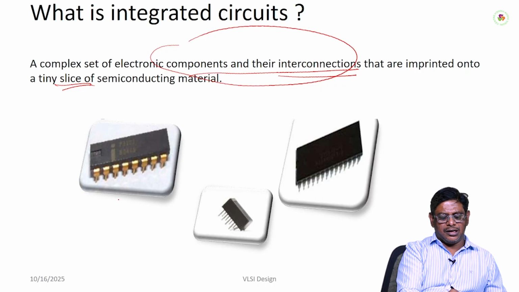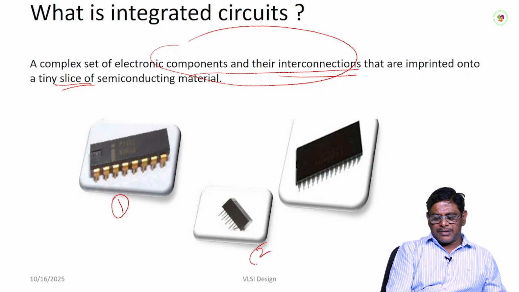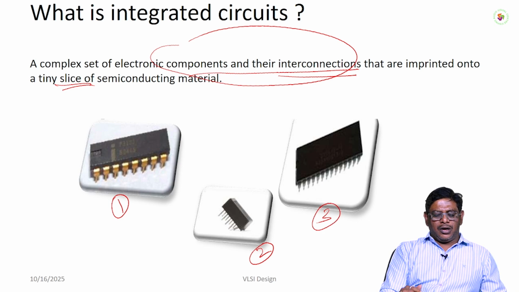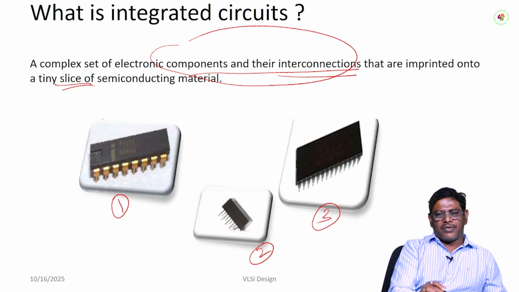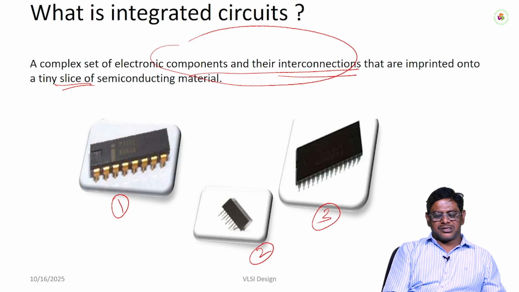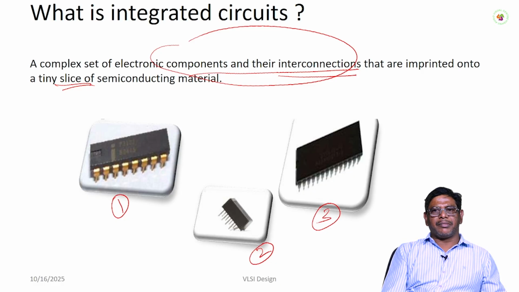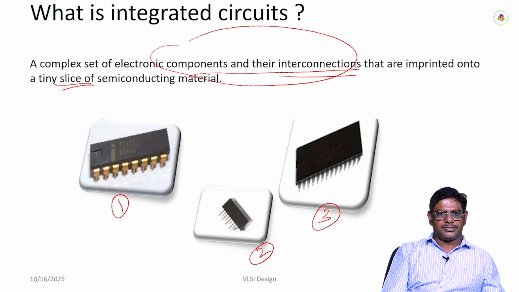Here you can see different types of models of integrated circuits: the DIP package, the flat package and the quad package. Based on our requirement, we consider different types of package models.